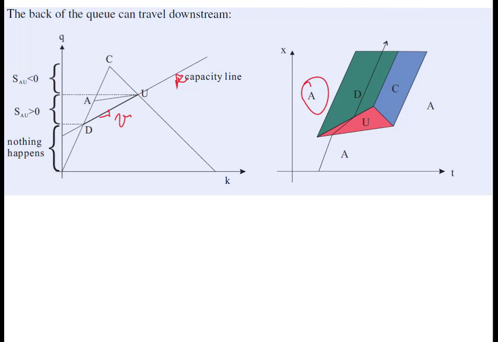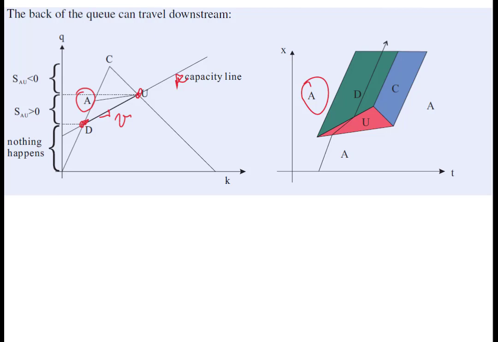So there's a debate. Some people argue it's D, some people argue it's U. To make everybody happy, we just say that moving bottlenecks have this capacity line. Once you have the line, you have states D and U, and that's going to define these 3 regions, and it depends where the input traffic A is.